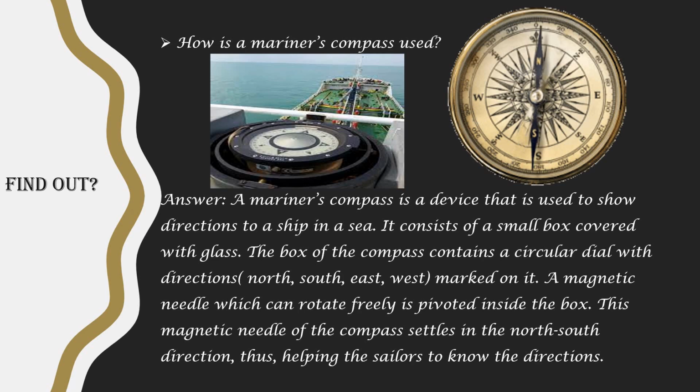The box of the compass contains a circular dial with the directions north, south, east and west marked on it. A magnetic needle which can rotate freely is pivoted inside the box. This magnetic needle settles in the north-south direction, thus helping the sailors to know the directions.